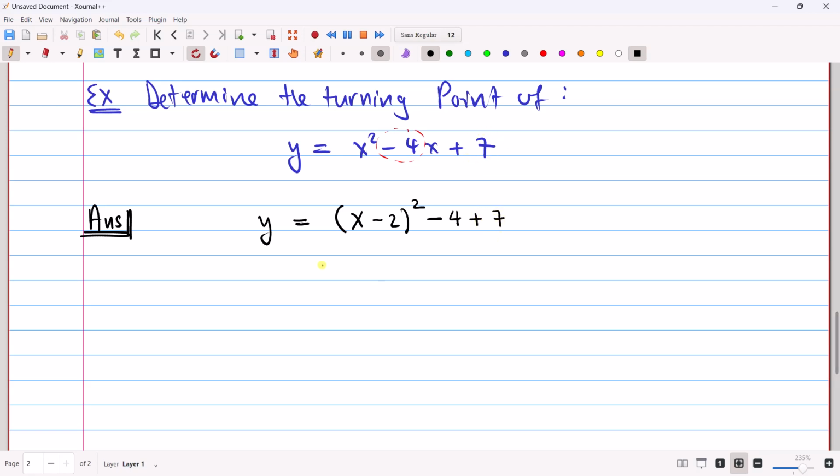Then what you have to do is simplify. When you simplify, you get (x minus 2) squared plus 3. So when you take an equation of a parabolic function, which was like this originally, and you write it in this form, this is what we call completing the square.